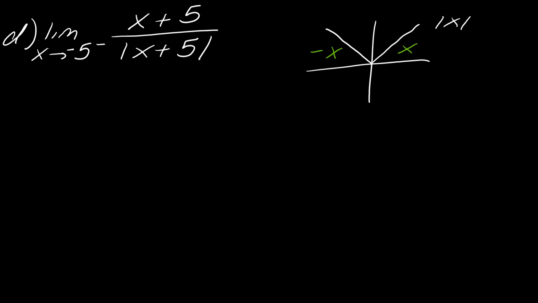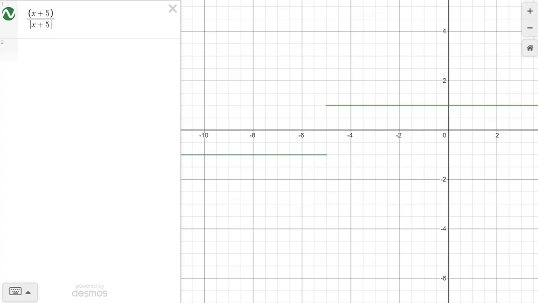Now, let's just take a really quick look at this particular graph just to further understand this. So I'm here at Desmos.com, which is free graphing software that you should totally use to help you study calculus. And so you'll notice here, I've plugged in our function that we're examining. And just by looking at this, we don't have the V here, but we do still have this idea of a breaking off point and a change in behavior.